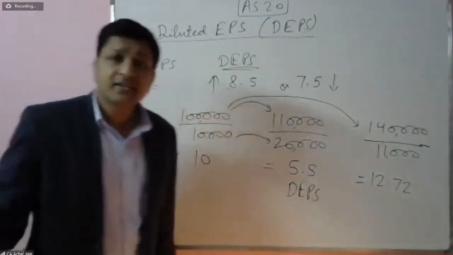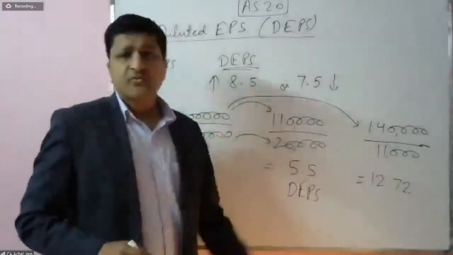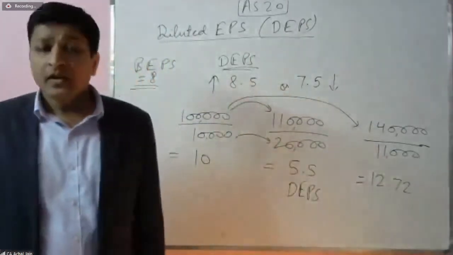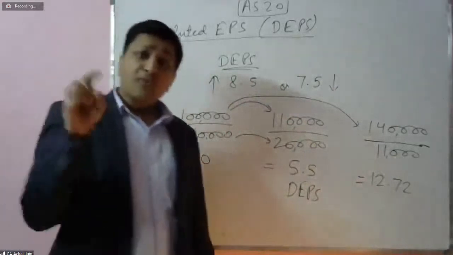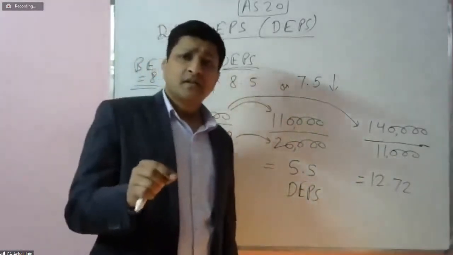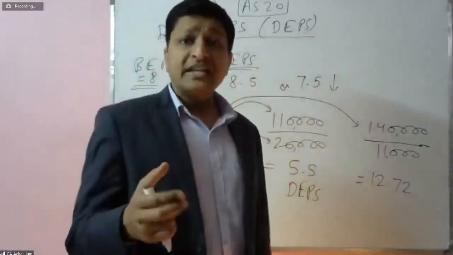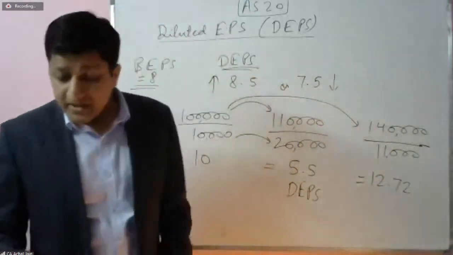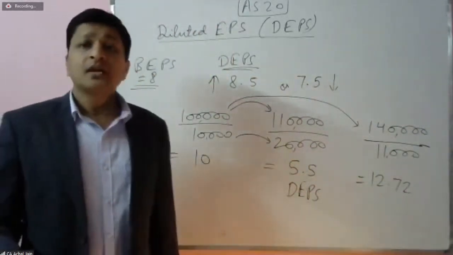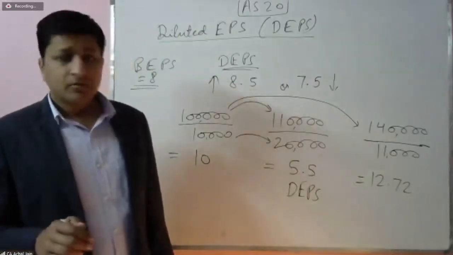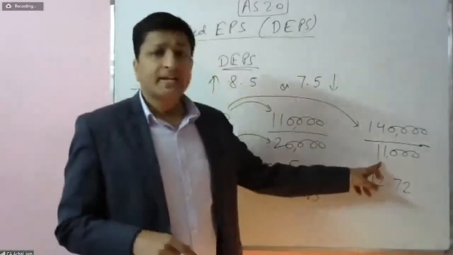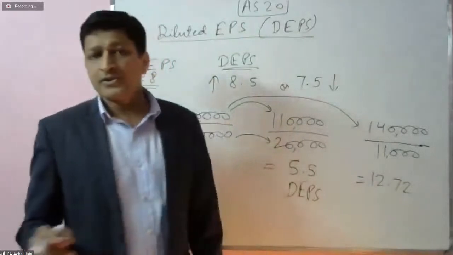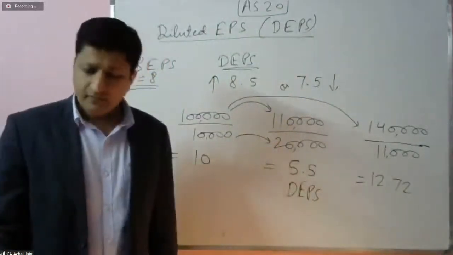Okay, and why did this happen? This second situation, why did this happen? Because the profits have increased in significant proportion, or the proportion of increase in profits is significantly more than the increase in the number of equity shares. Correct?